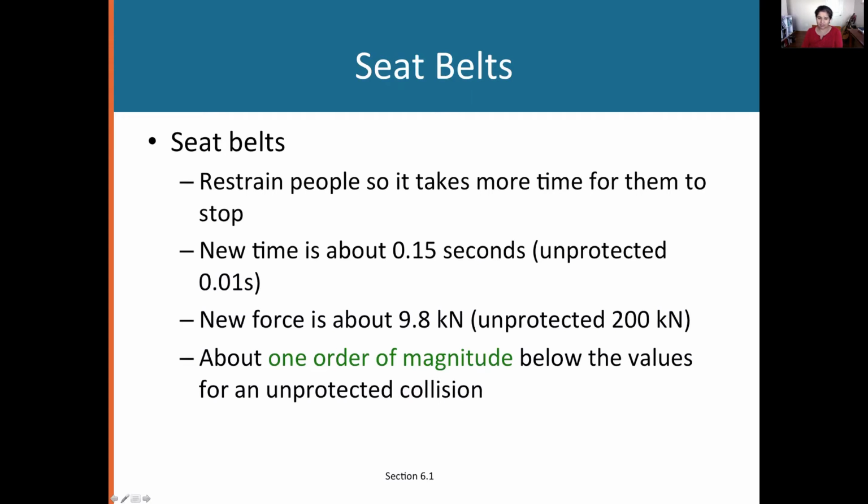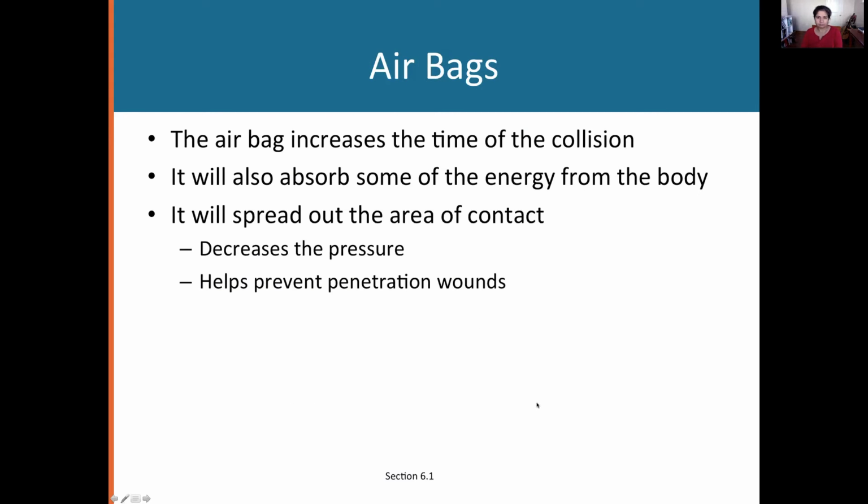So that's a factor of 10, one order of magnitude. Remember I said an order of magnitude is one factor of 10. That's quite a big change. You definitely need the seatbelt. Do not ever travel without the seatbelt, even if you're in the back seat or wherever. And we talked about the airbags increasing the time of collision, decreasing the pressure, and that's how they act.